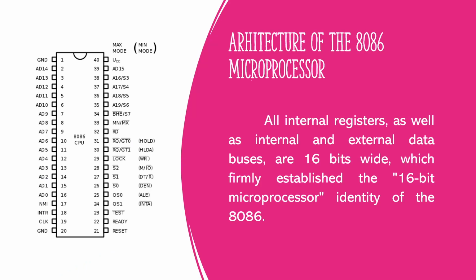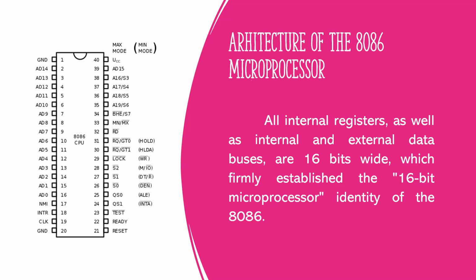The 8086 microprocessor is very simple and easy to understand if you take the time to actually learn how it works. You have on the left side here a pin diagram of the 8086 CPU or microprocessor, and there are a lot of pins which we will learn about later during our discussions.